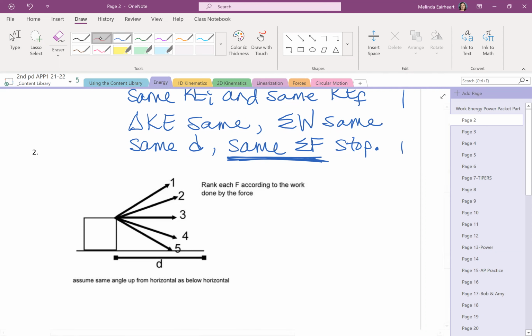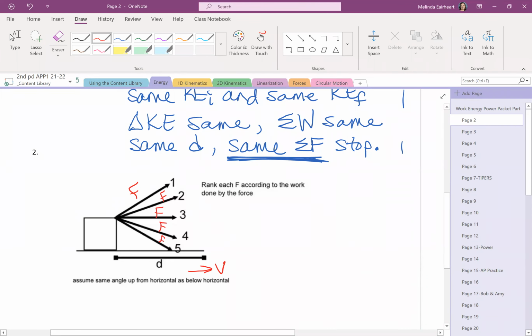So give yourself a little velocity vector. Okay. And the arrows are all the same force, but notice what's different about them. The angle. So that's the only thing different. I've got 5 same forces at 5 different angles.